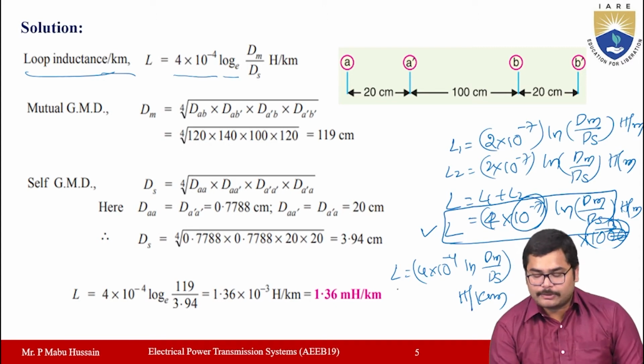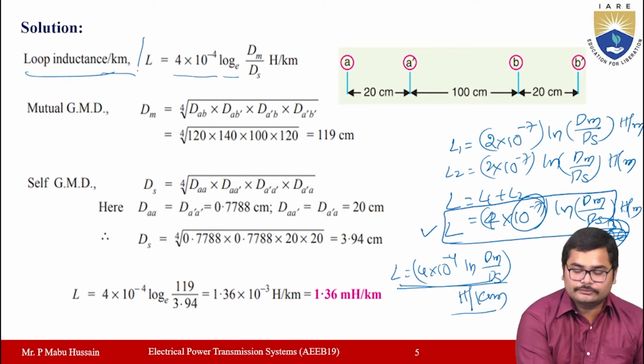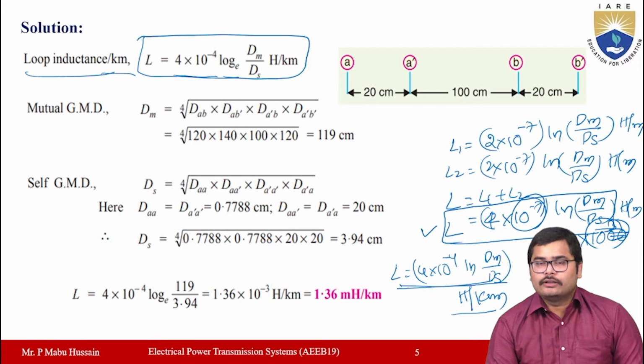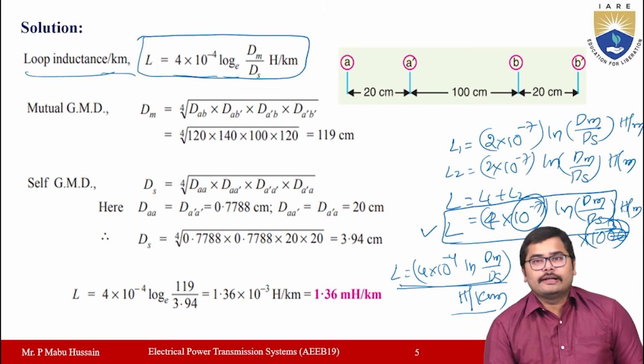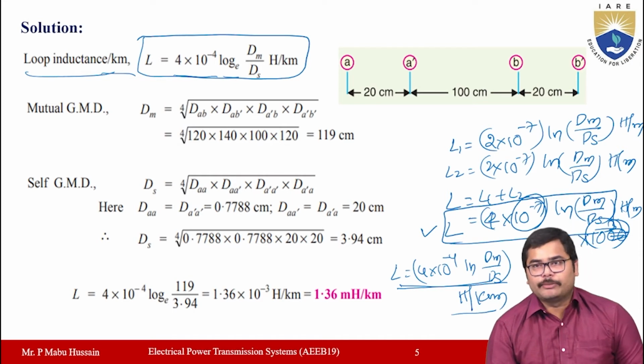Okay, so this is the expression we are going to use here. The loop inductance or the total inductance for 1 kilometer will be 4 into 10 power minus 4 ln dm by ds, henries per 1 kilometer.